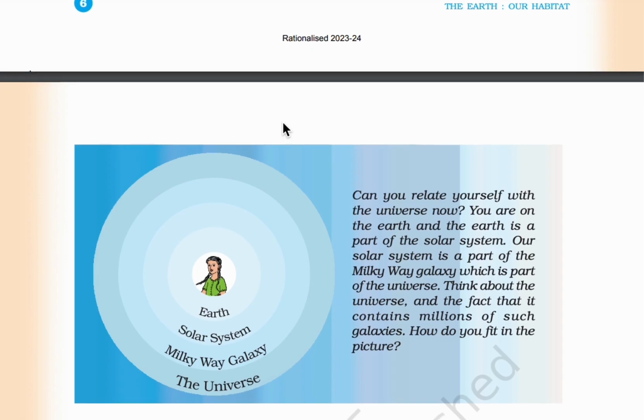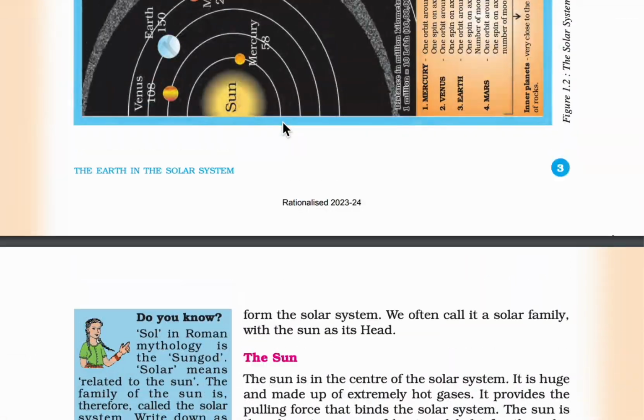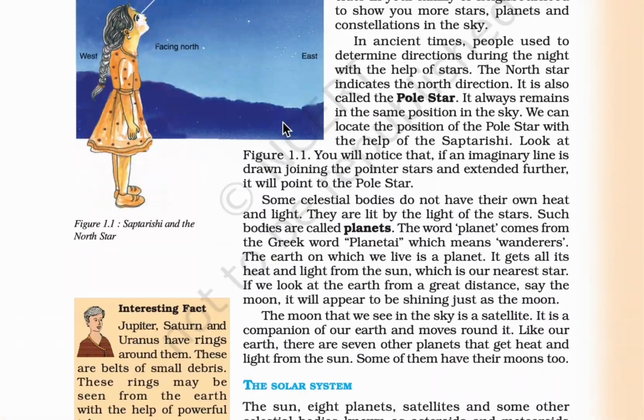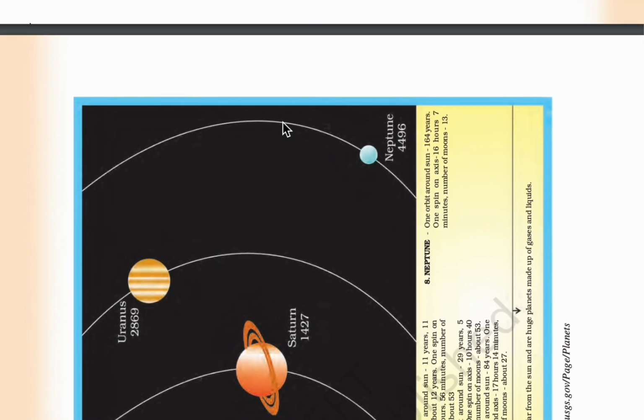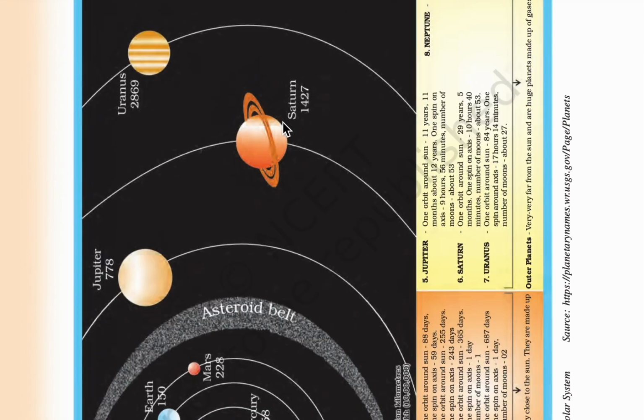Okay, we don't have the picture of earth here. Near the poles the earth is flat, and in the middle it is bulged. That shape is called the geoid shape.